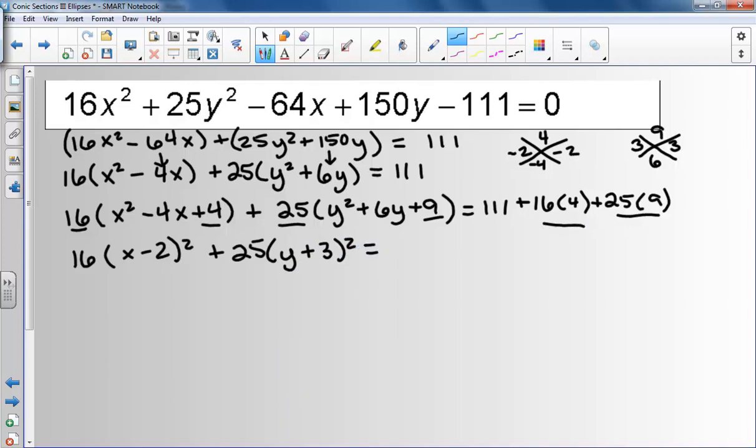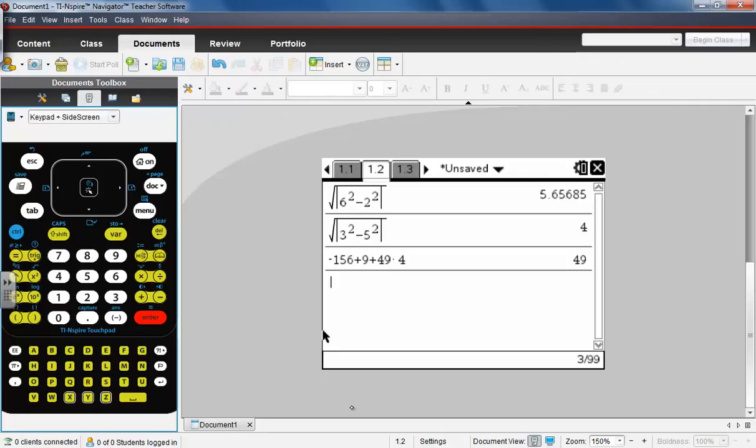Equals, and I'm pretty sure this comes out to be 400, but let's double check that. 111 plus 16 times 4 plus 25 times 6. Yep, I was wrong. 325. Did I put that in there?